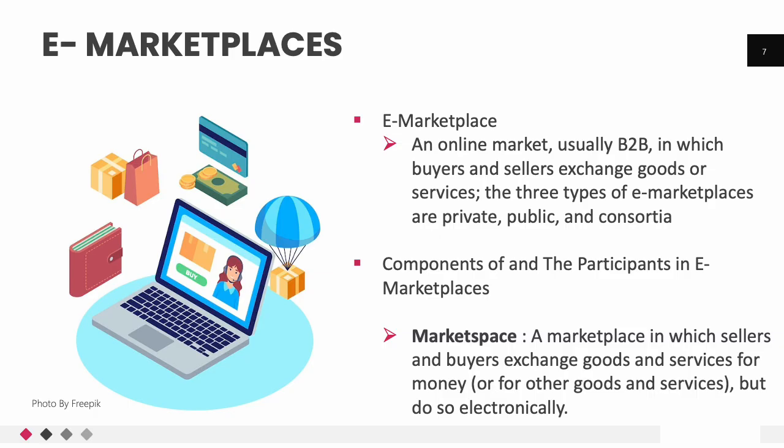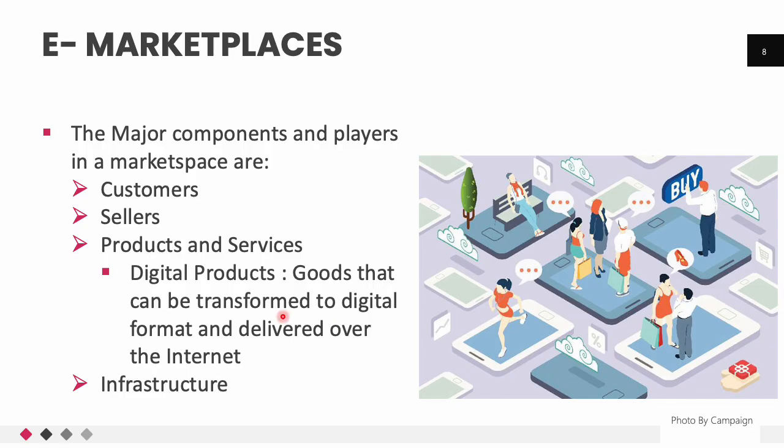All right, next one, still about the marketplace, but this slide talks more about the online marketplace, like Shopee and Amazon, where buying and selling happens through the internet. The main components in a digital marketplace are the customers, the sellers, the products and services, and infrastructure. Customers are those who buy goods and services online.